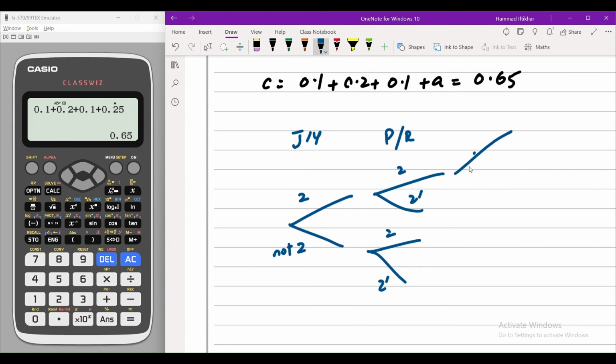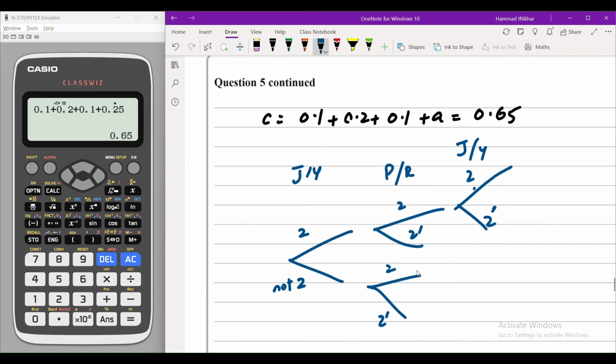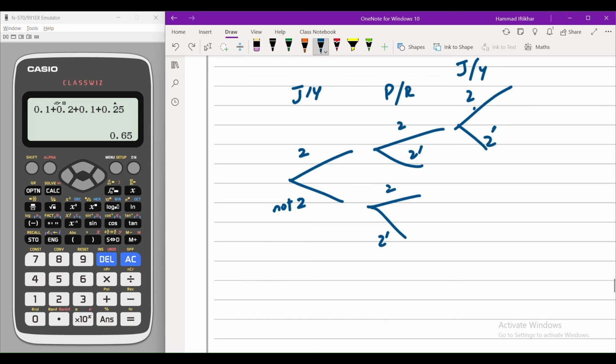Second attempt for Jesse will be after that, 2 or not 2, basically. Okay, so Jesse winning on the second try would be, sorry, my bad. This would be over here, 2. So not winning, and so not 2.